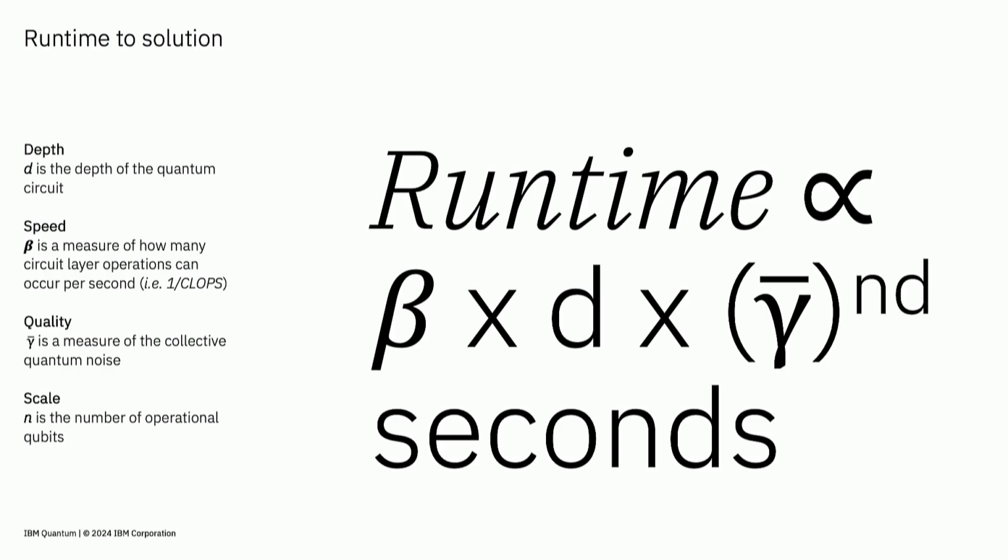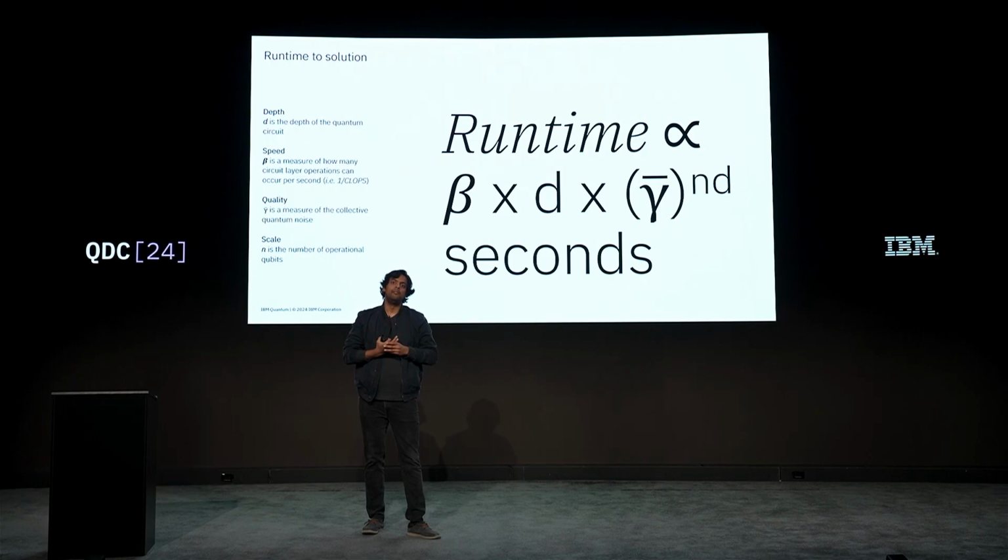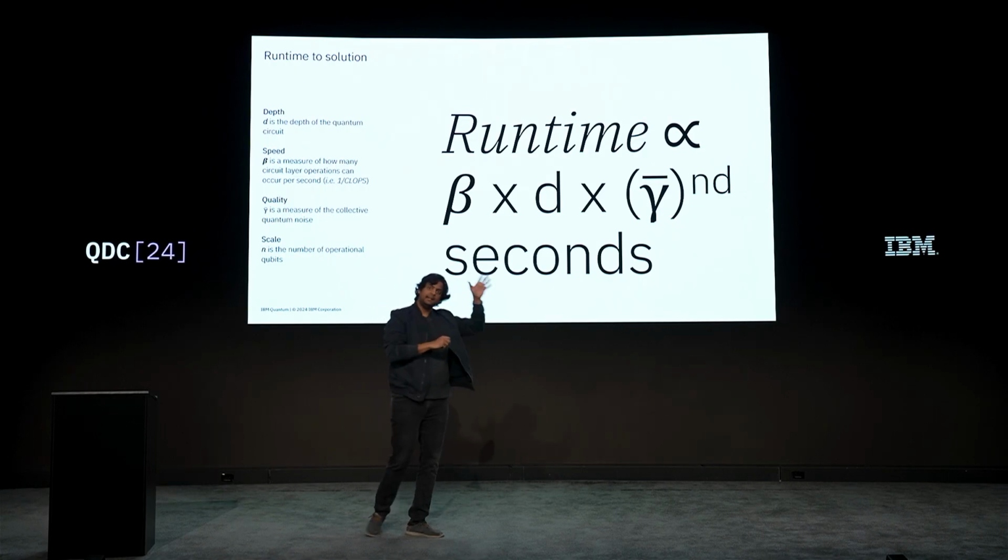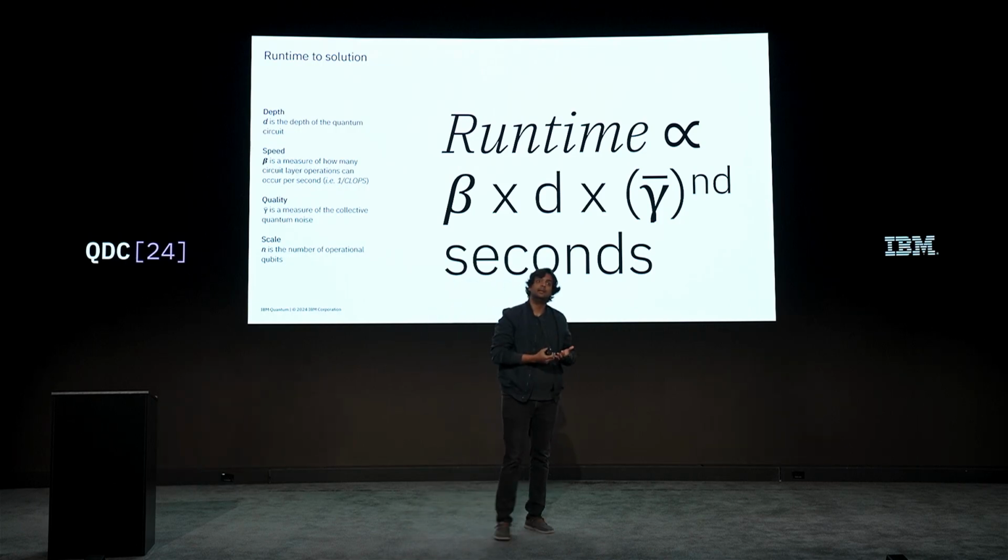So what you see here is beta times d. This is essentially the runtime of executing the circuit. And d is the circuit depth, and then you have an exponential in there, gamma bar to the power of nd, right? That gamma bar is essentially some measure of the device noise. Okay? And n times d is going to be the circuit volume, right?